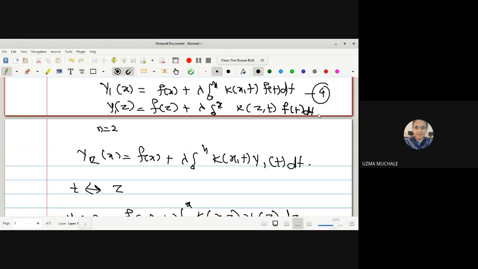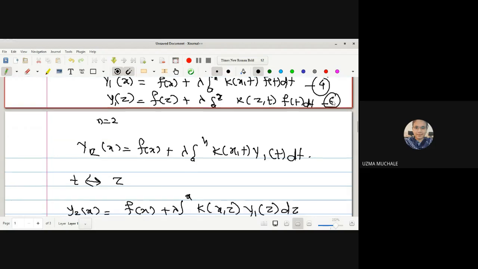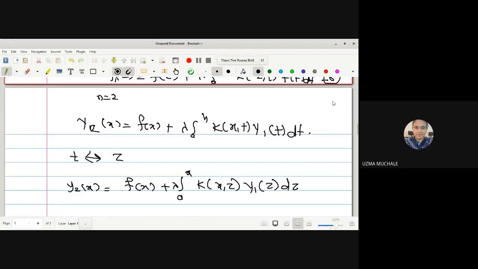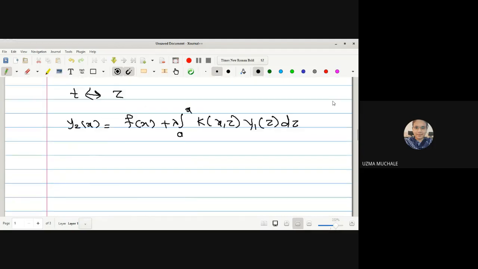Okay, so this is from equation 4. This is our equation 6. Substituting equation 6 in 5. What is our equation 5? This is our equation 5 after replacing t by z.